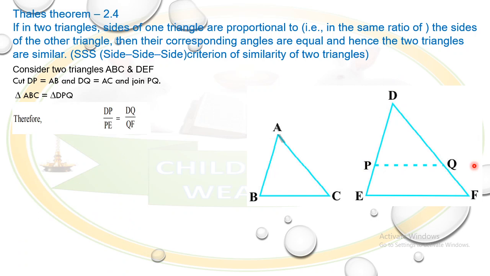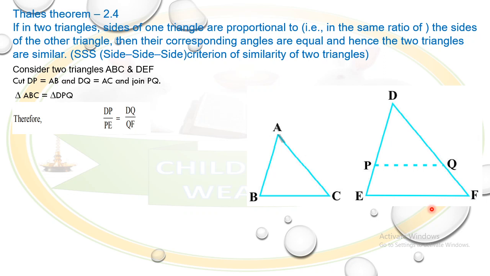Since in the theorem itself it says sides are proportional, from Thales theorem 1 we can write DP divided by PE is equal to DQ divided by QF.